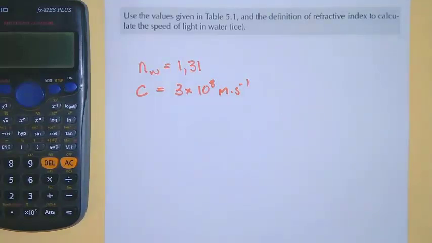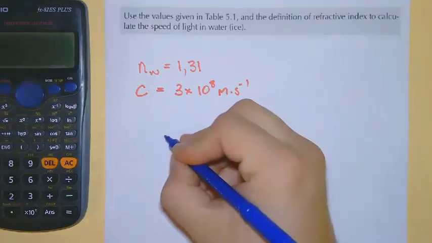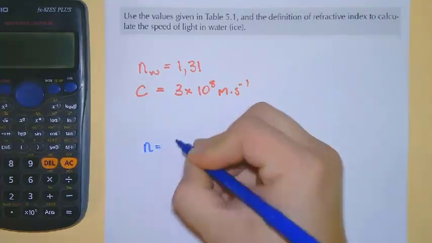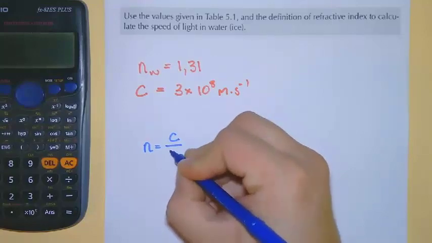So now we can use the refractive index calculation, which tells us that the refractive index is equal to the speed of light in a vacuum divided by the speed of light in that material.